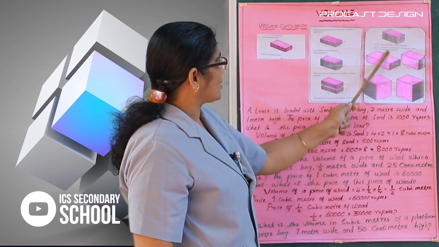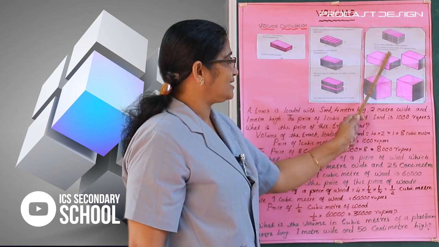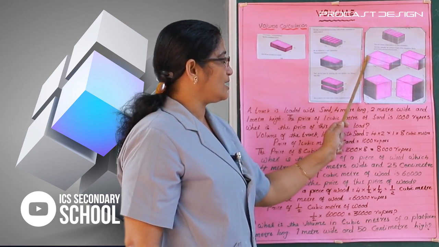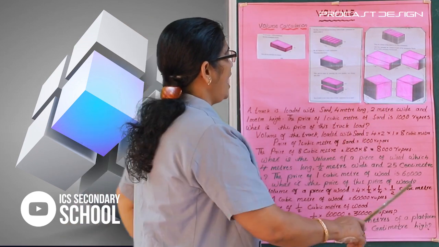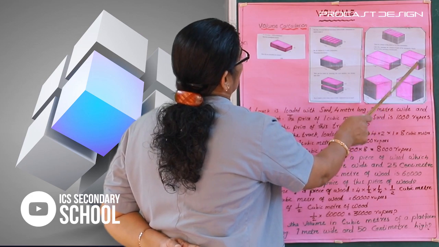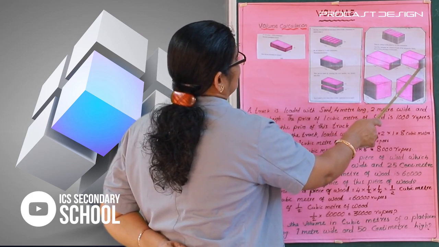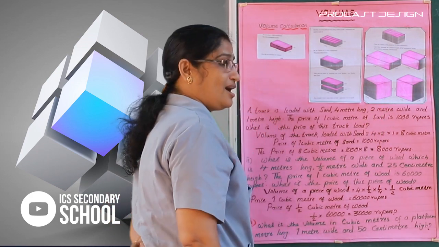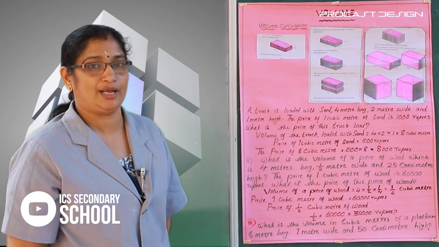Next, calculate the volume of each of the rectangular blocks shown below and write it beside each. 7 centimeter length, 2 centimeter height and breadth is 4 centimeter. And next, another block is 6 centimeter length, 3 centimeter height and 3 centimeter breadth. 6 into 3 into 3.